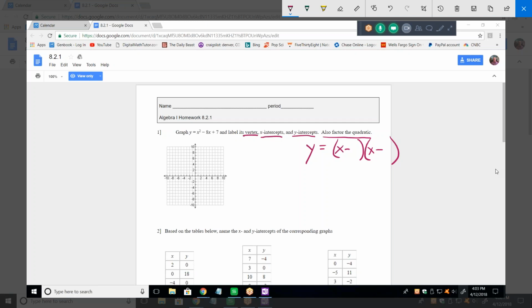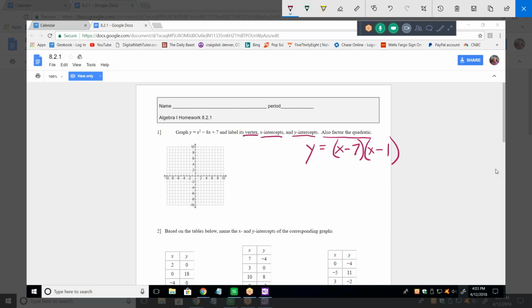It's not equal to. So factors of 7 that add to the number 8, well, that's nice. Those are the two factors. Now, that does tell me something that will avoid me having to use minus b over 2a.